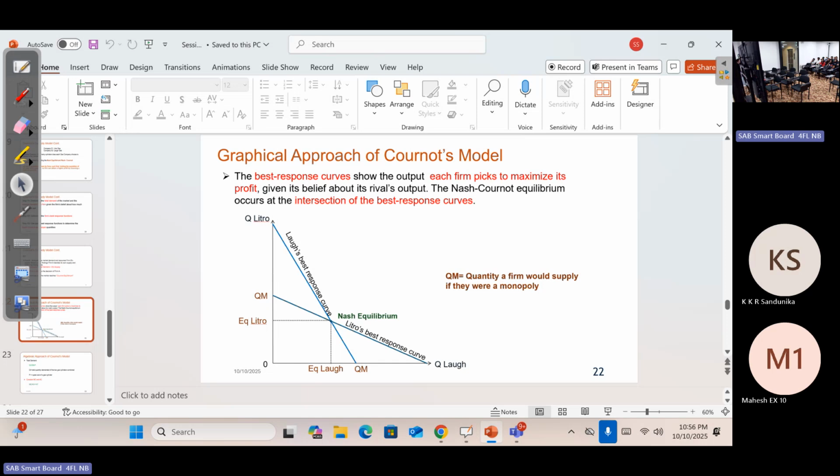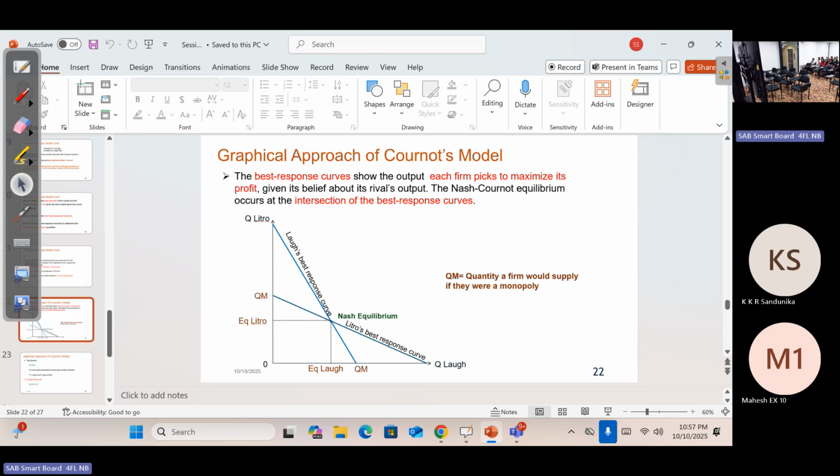How about the monopoly features? There's a single seller, a unique product without close substitutes, barriers to entry and exit, and price setting. How about monopolistic competition? There are many sellers. Buyers are attracted to certain sellers.